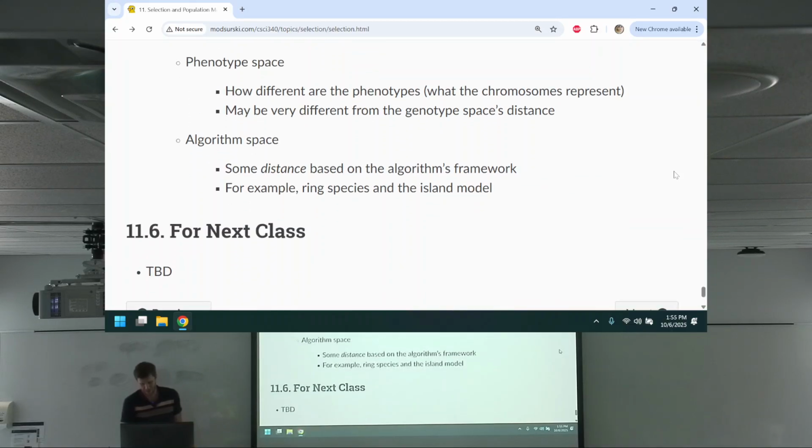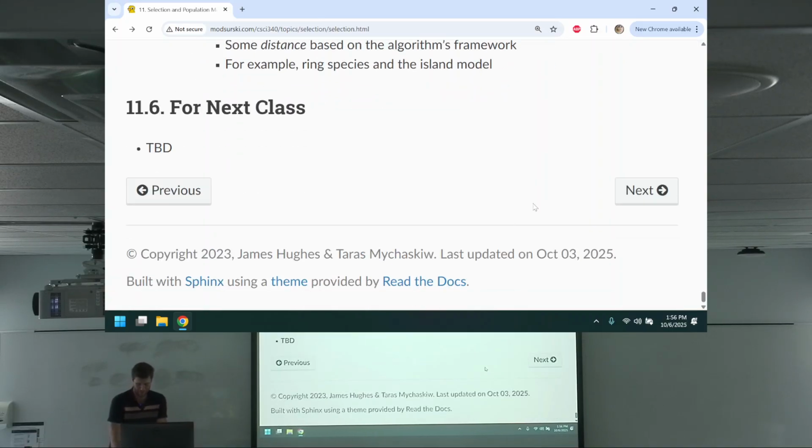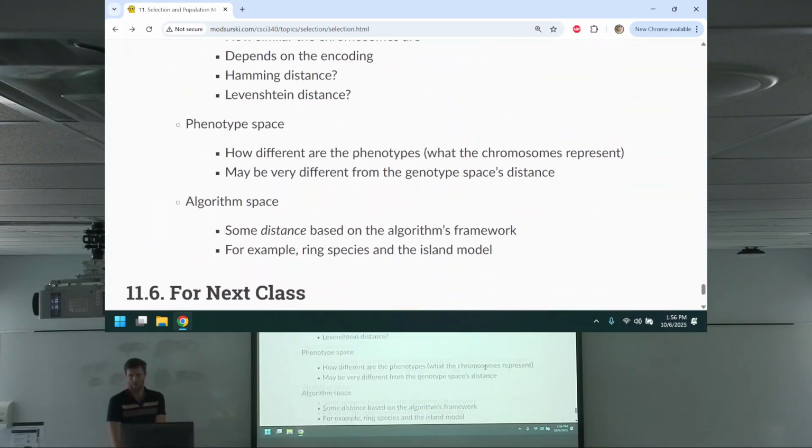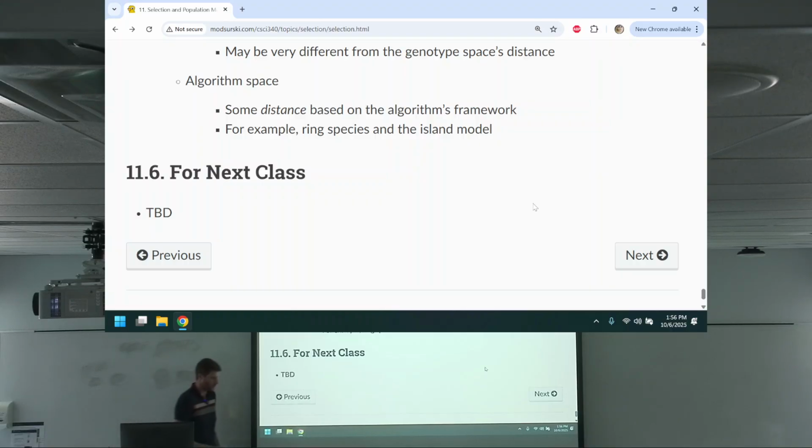And then in algorithm space, here we would bake in distance as an easy way to measure diversity. If you built it in there, the bigger the distance around that circle, or the more islands, you can start to see how that would affect it. Any questions about this?